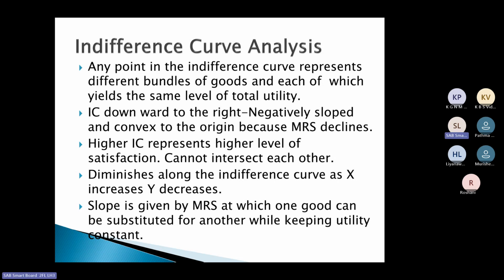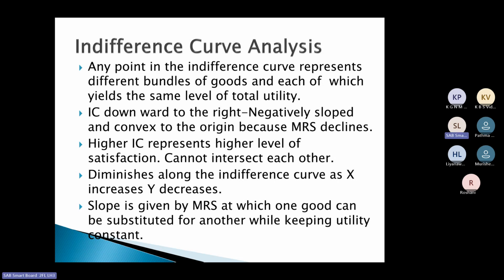Under what circumstances can we observe diminishing marginal utility? Those are the assumptions. As you know, in economics you always make assumptions, since we are talking about consumer behavior. Otherwise, we will not be able to exactly identify the behavior, as there are so many factors affecting the environment. Therefore, we need to make certain assumptions.